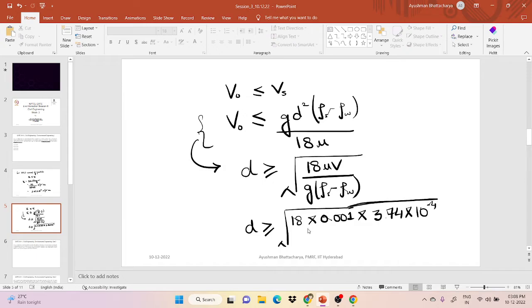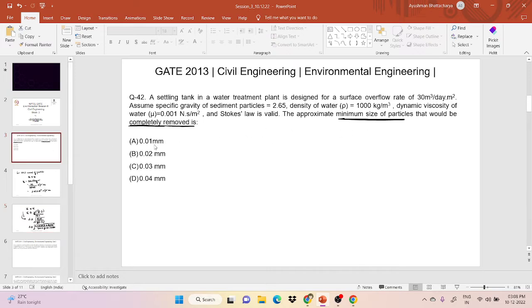Now g we know is 9.81, into the specific gravity they have given as 2.65. So 2.65 minus 1, if we take rho w outside, rho s by rho w becomes the specific gravity. So here it will be 1.65, and rho w here will be 1000, since the density of water is 1000 kg per meter cube.